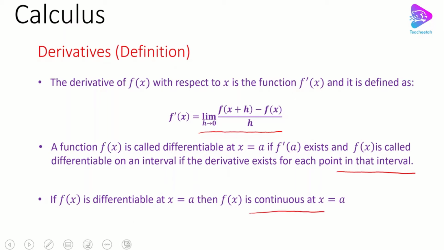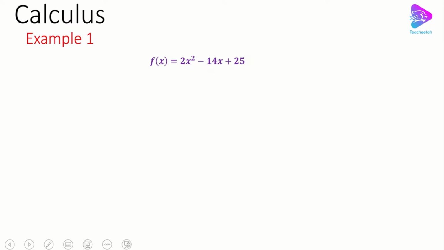Let's look at two examples related to the derivative of a function and the definition of the derivative. The first example that I have in here is f of x equals 2x squared minus 14x plus 25, and I'm going to use the definition of the derivative in order to find the derivative of this function.